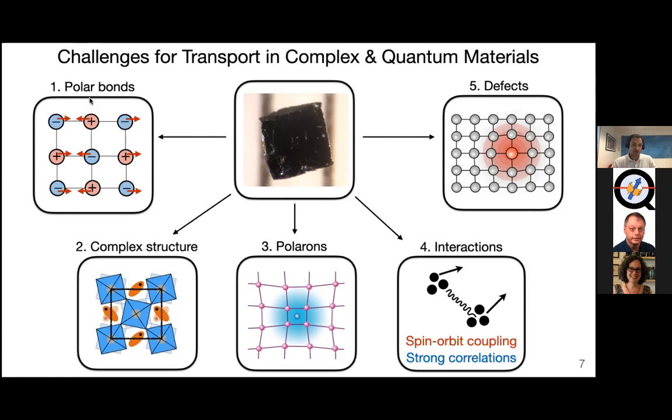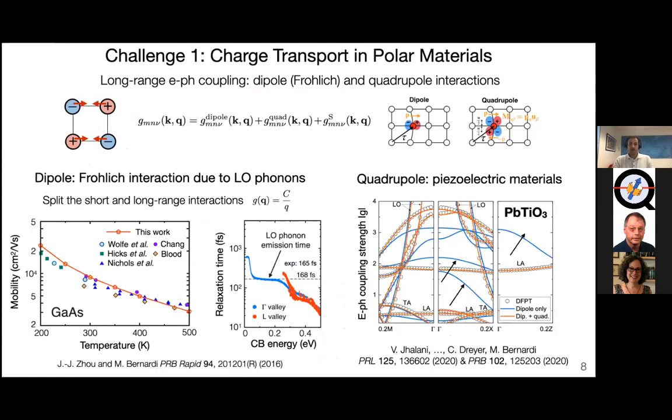So I will follow this order. And I will first focus on the fact that many materials have polar bonds. And for polar materials, as the ions vibrate, they generate long-range electron-phonon interactions, which can be grouped into a dipole and a quadrupole term.